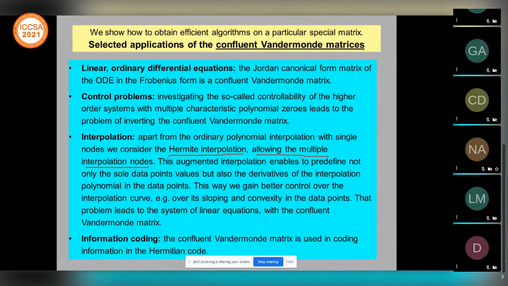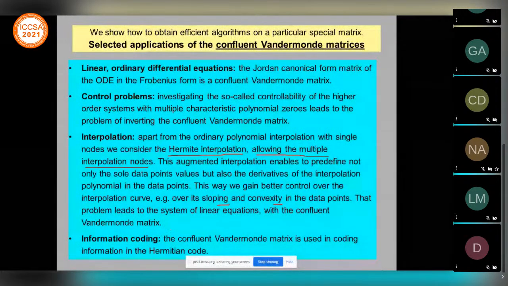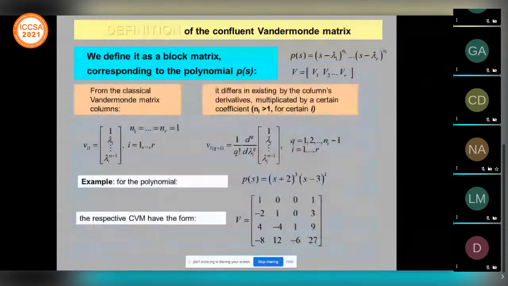Such an augmented interpolation enables control of the slope and the convexity of the interpolation curve at each point. So we gain control over slope and convexity. Another application is information coding. They are applied in Hermitian codes.